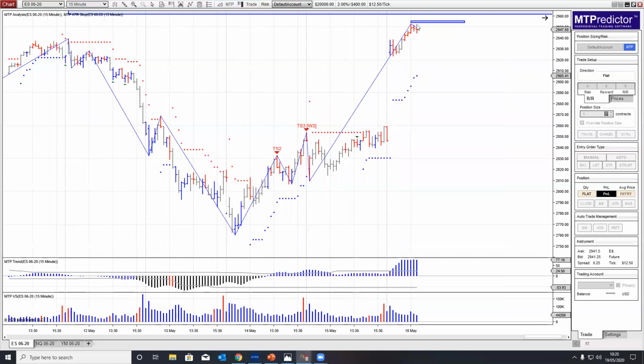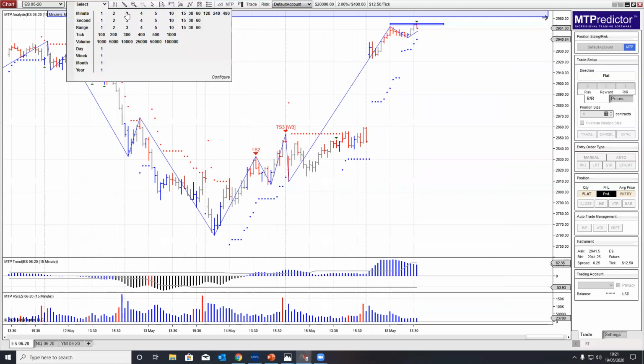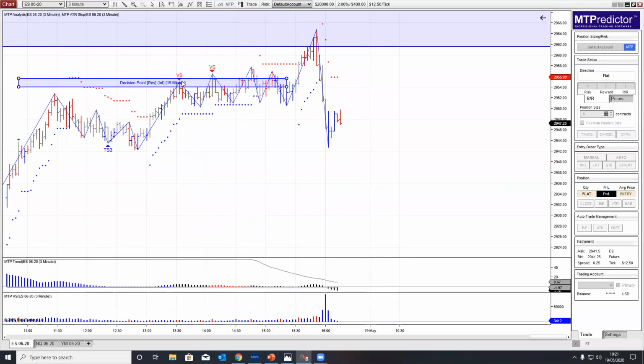But can you see how this is such a small little wiggle, in comparison to the other swings? So the point I'm making is that even though at this point here, you did come into higher time frame resistance at that sell setup and that sell setup, both of them were where our MTP trend was gray stroke red. So both of those looked like they were potential setups.